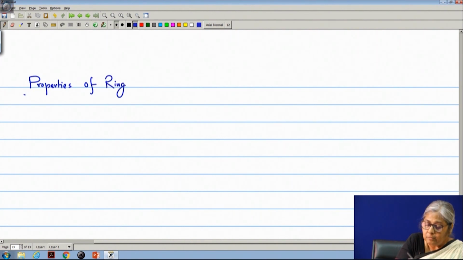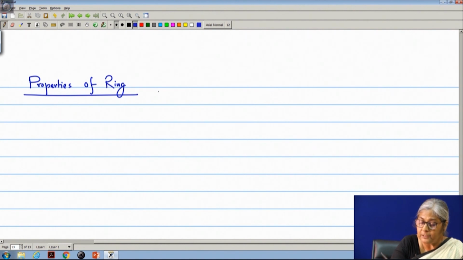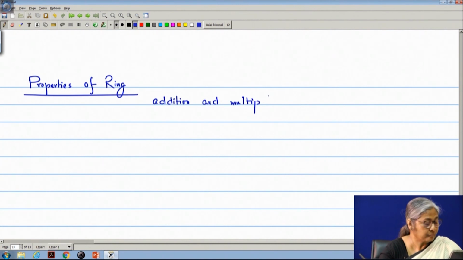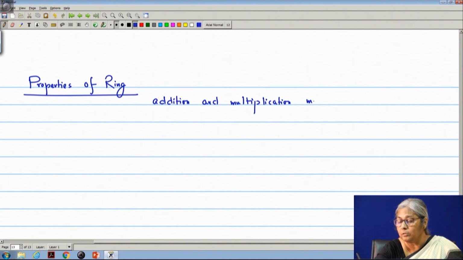When we considered addition modulo n and multiplication modulo 8 or some modulo operation, modulo arithmetic, the operations are addition and multiplication modulo n, in general I am writing modulo n.